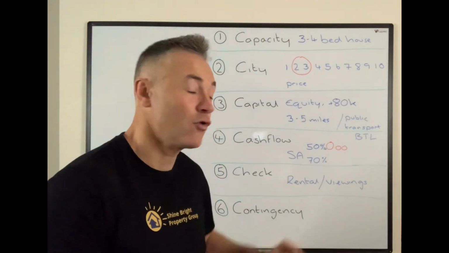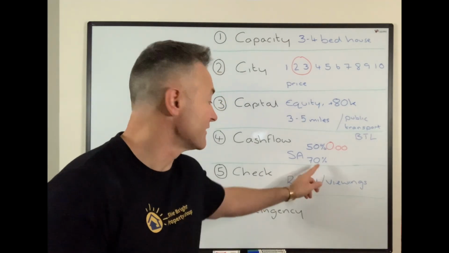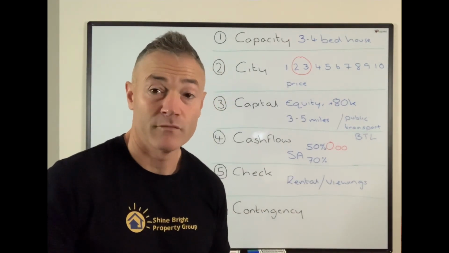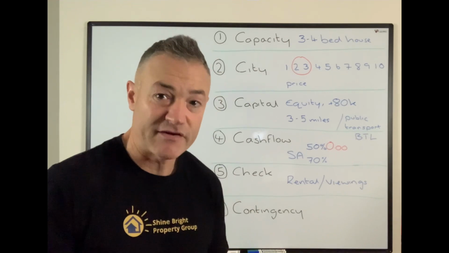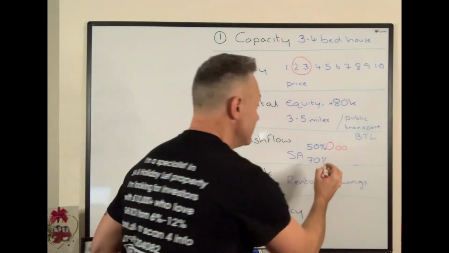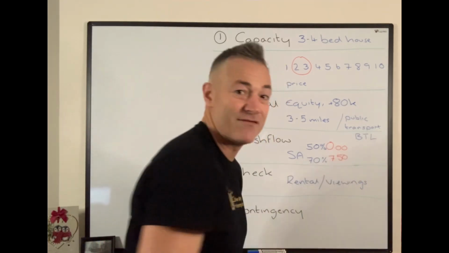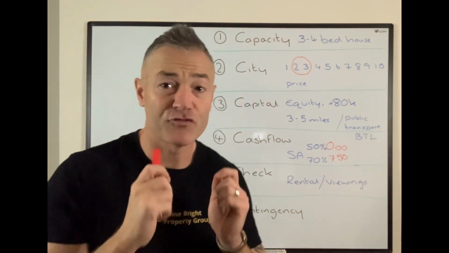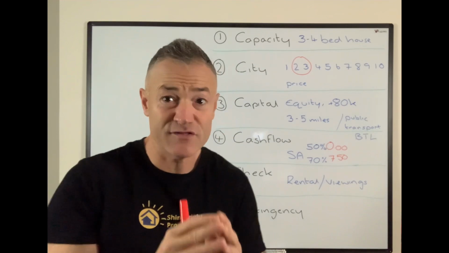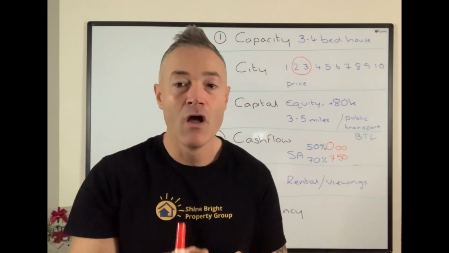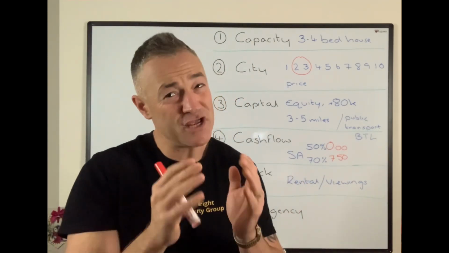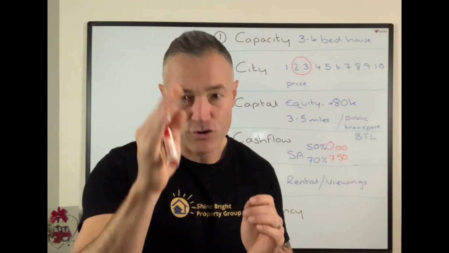Okay, now we've also got another target here as well, 70% occupancy level. Okay, so once we've achieved 70% occupancy level, we need to generate a figure of £750. Now these are our target figures. Now on average, with any service accommodation property that we have, our actual occupancy levels generate between 75 and 90%.